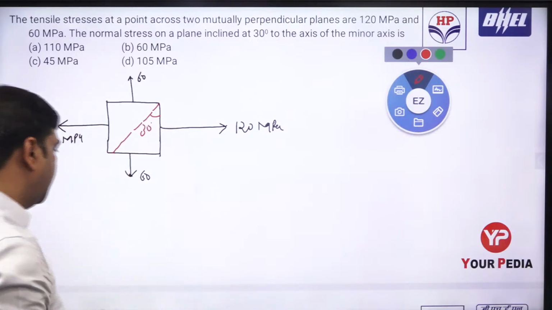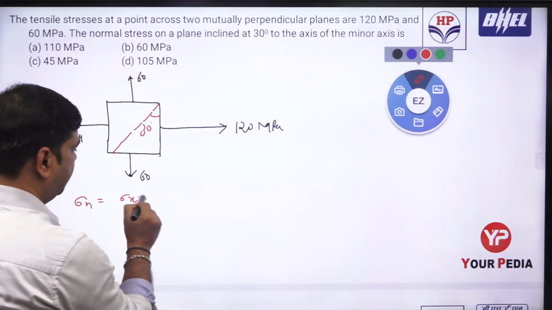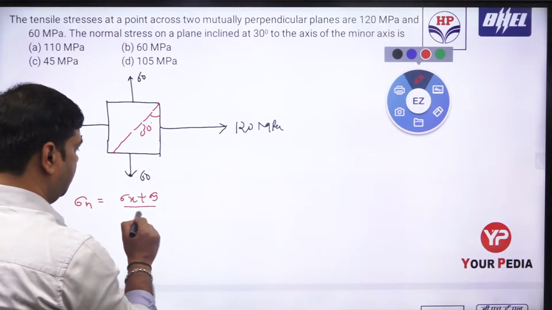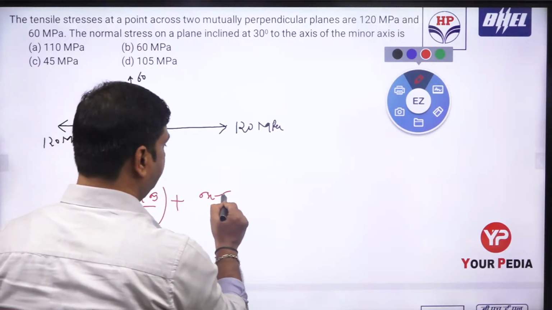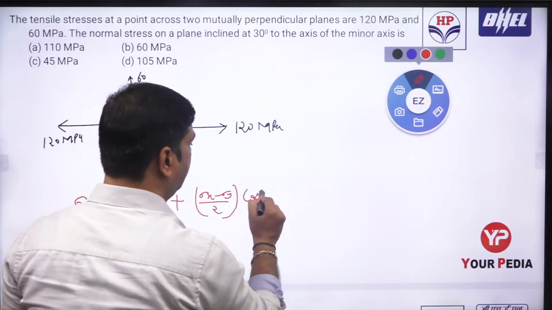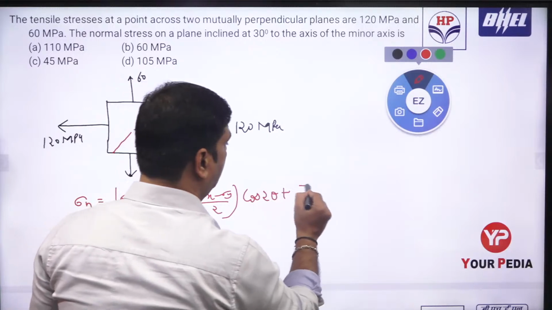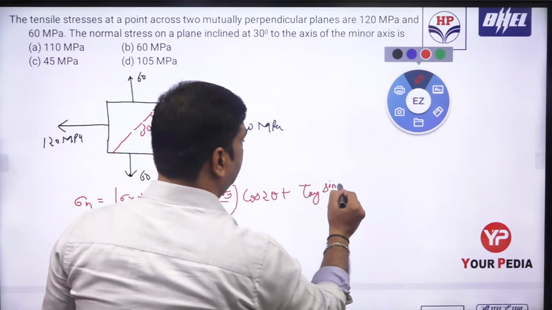If I know the formula, sigma n equals sigma x plus sigma y divided by 2, plus sigma x minus sigma y divided by 2 cos 2 theta, plus tau xy sine 2 theta.